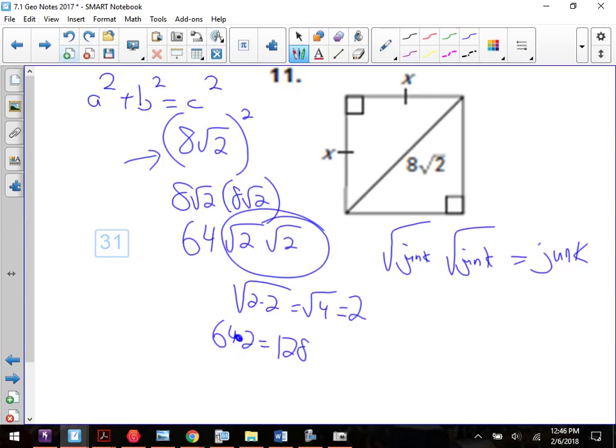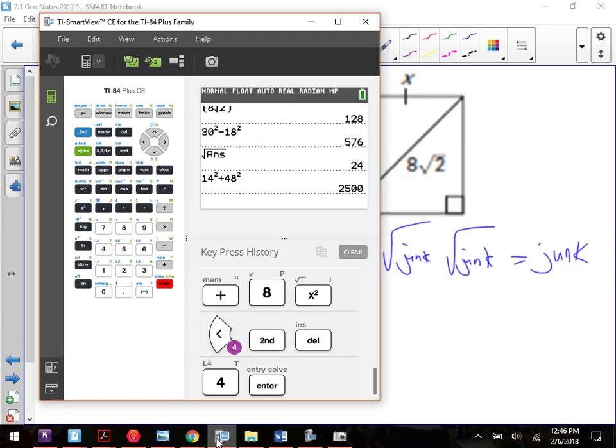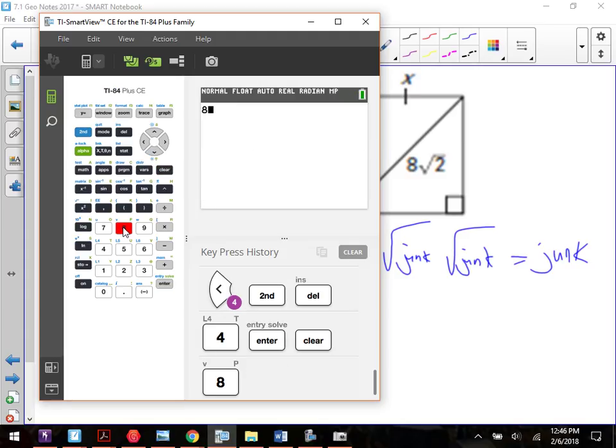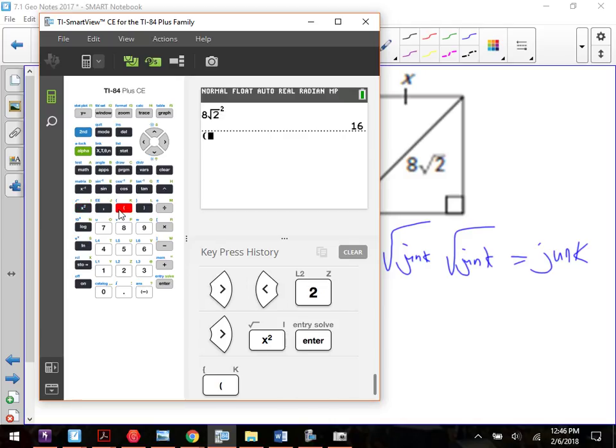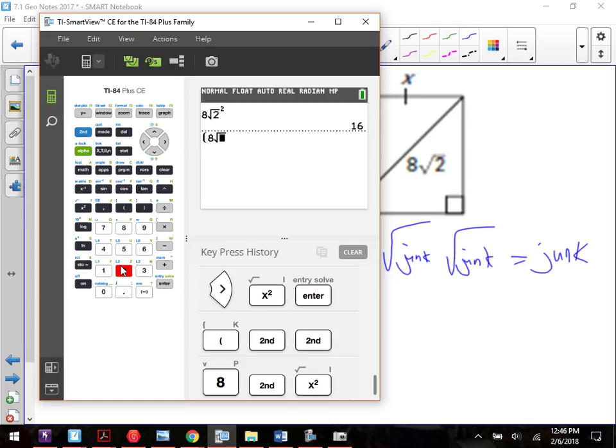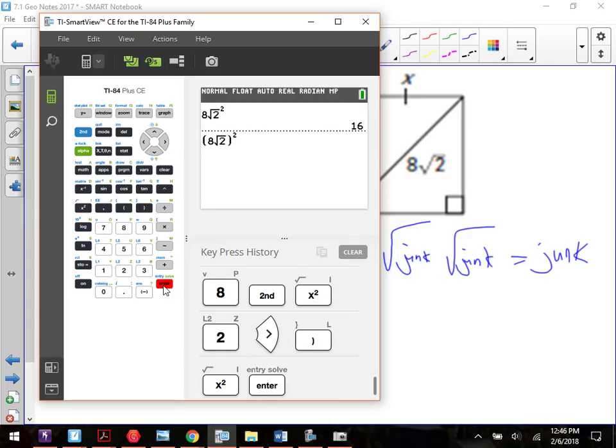So what I want you to know is when you get to this, you have to use the calculator correctly. Because 8 root 2 squared does not equal the same thing as the quantity 8 root 2, squared.